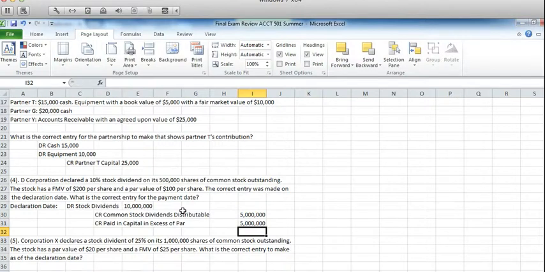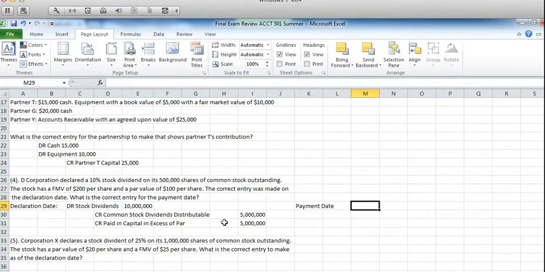So again, this is not the right answer for this question, but this is the correct entry that was already made. The reason we did that is because on the payment date, we want to know what there is left to do. The entry on the distribution date is kind of like a liability account.